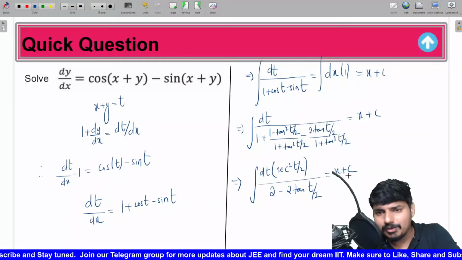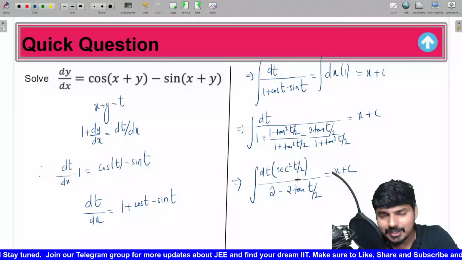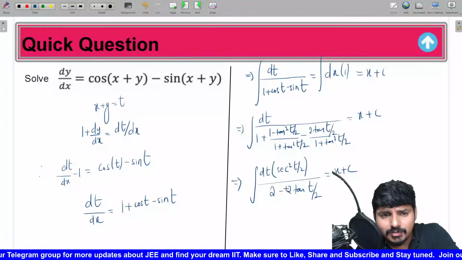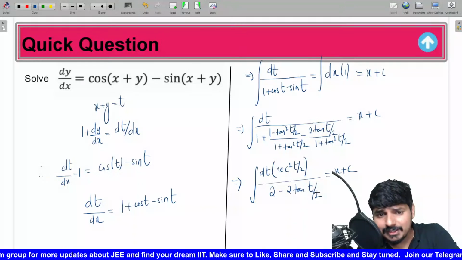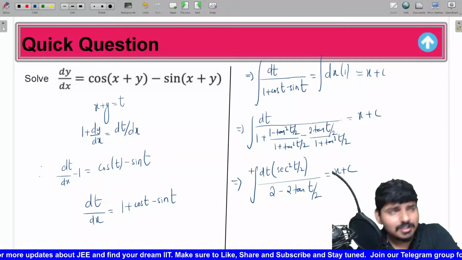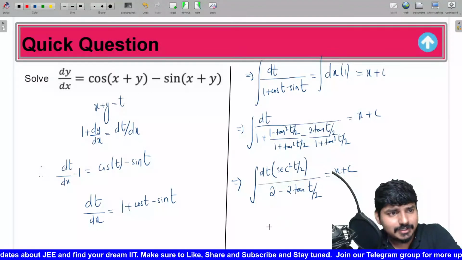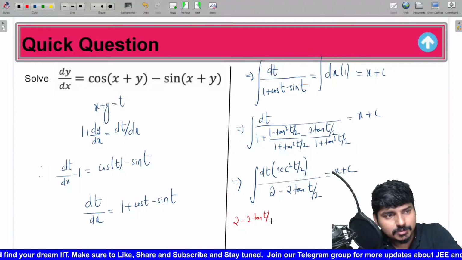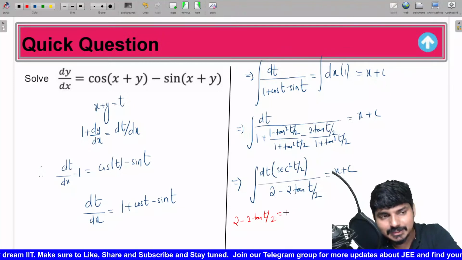Now can you tell me how do we solve the left hand side integral? Very simple. All you have to do is take the denominator equal to some variable. You can take 2 minus 2 tan t by 2 is equal to some variable, let us say s.